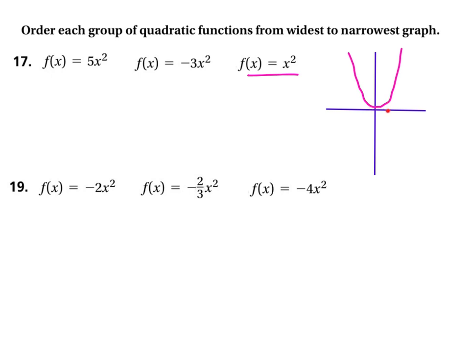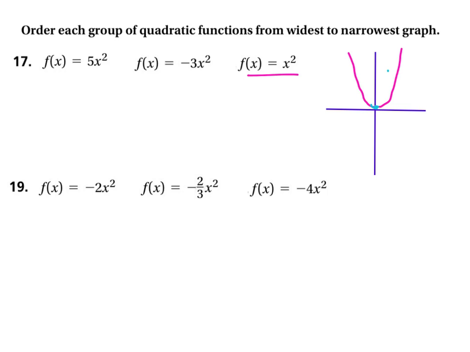Well, if you have a 5 in front, that's going to say, if you go over to 1, plugging 1 in, you square 1, it's 1. But then if you multiply the answer by 5, you're going to move way up, 5 times higher. And we're going to plot a point up there. We've still got that 0, comma 0 right there. All of these are going to go through 0, 0.